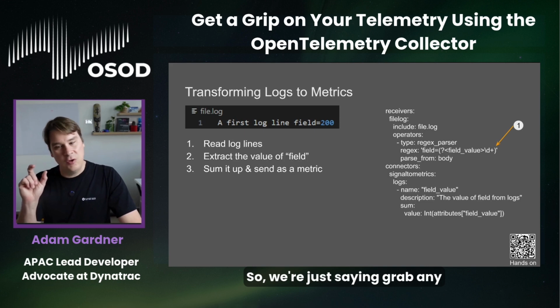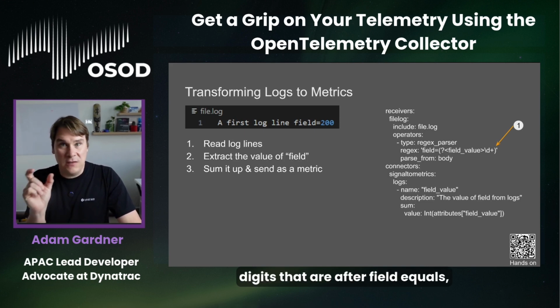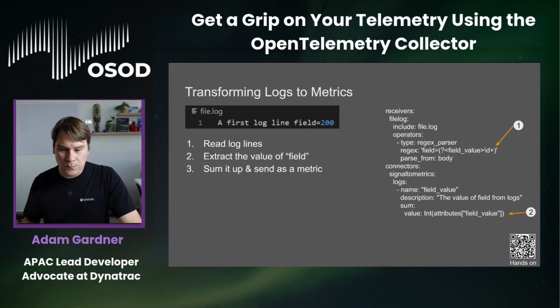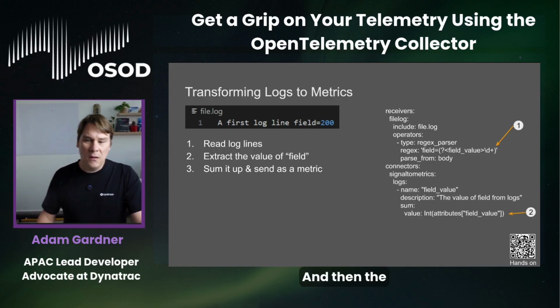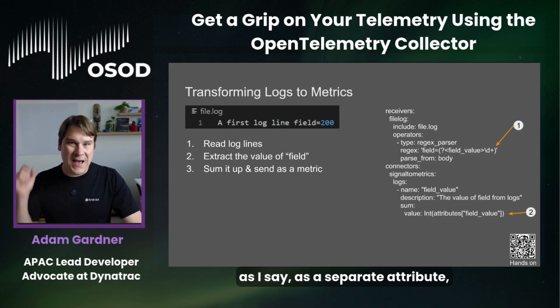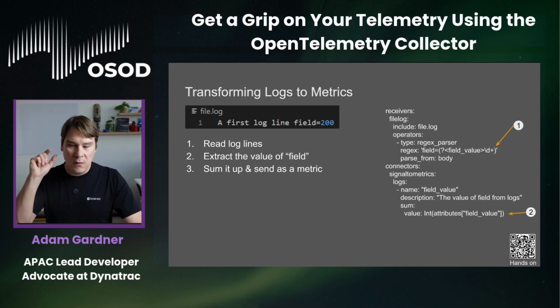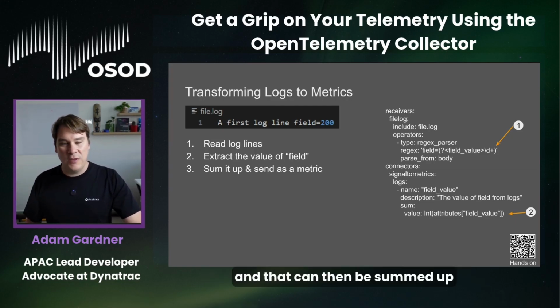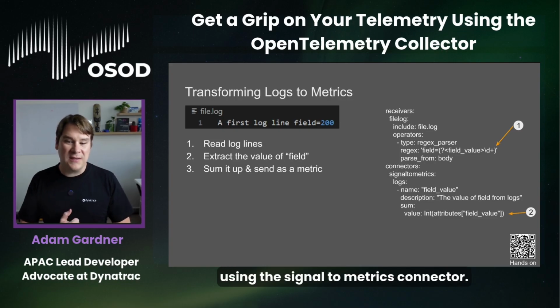So we're just saying grab any digits that are after field equals, in this case 200, and then the file log receiver will add that as a separate attribute, so the log line will have an attribute called field_value, and that can then be summed up using the signal to metrics connector.